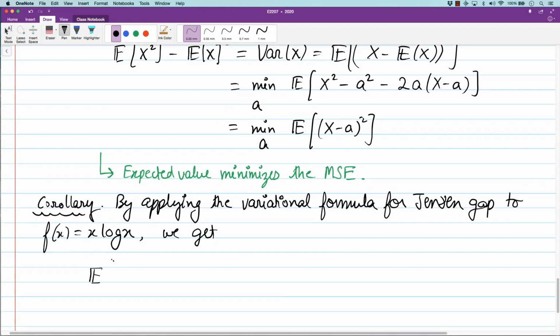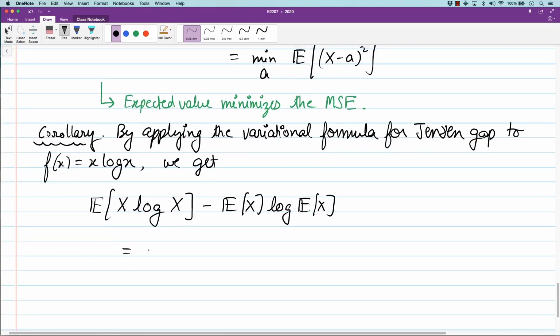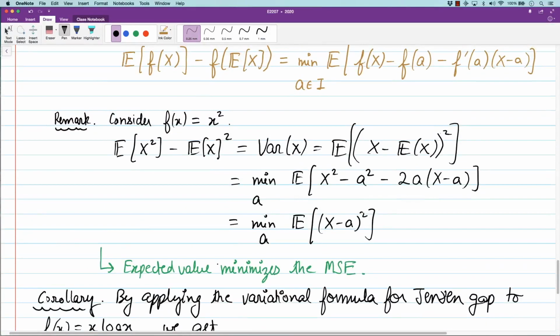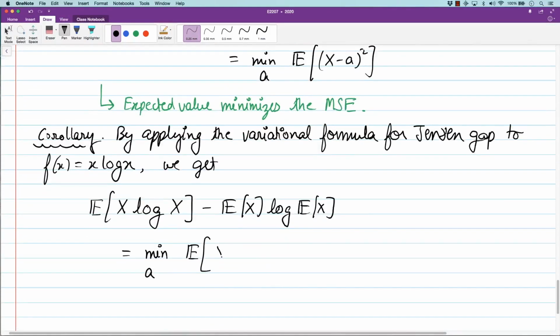expected value of x log x minus expected value of x log expected value of x. This guy here is equal to minimum over all constants a of expected value of f(x) minus f(a) minus f prime(a). So what is f prime(a)?